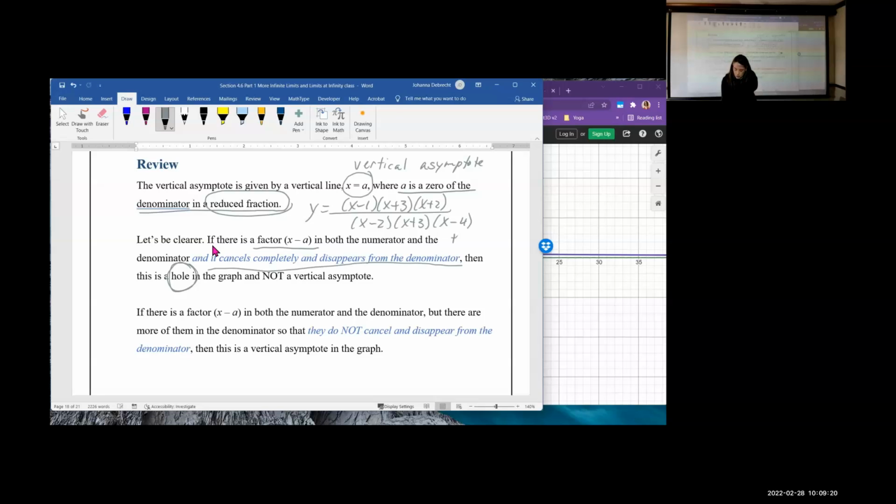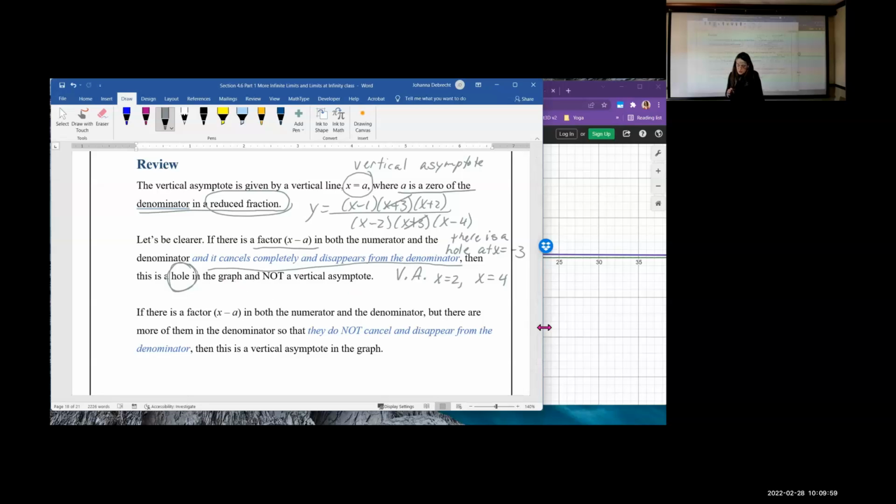So there is a hole at x equal negative 3. Because the factor x plus 3 disappears completely and is gone from both numerator and denominator. Now, what about the two that are left in the reduced denominator? I have a vertical asymptote, which I'll abbreviate VA, at x equal 2 and another one at x equal 4. All right. So I have a vertical asymptote at x equal 2 and one at x equal 4.